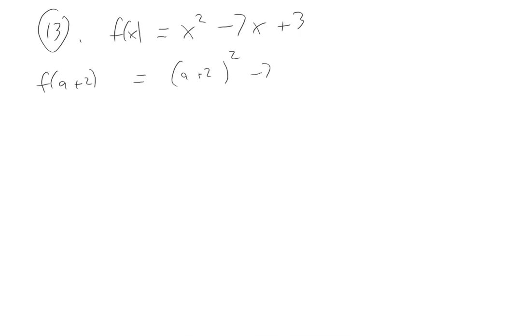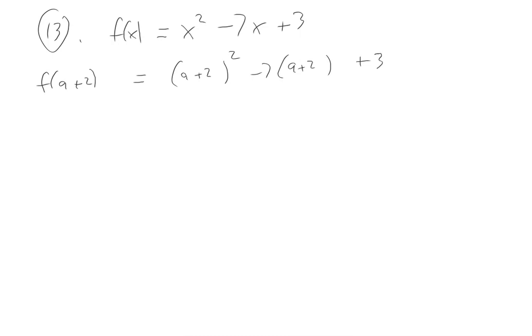So problem 13 says f of x equals x squared minus 7x plus 3. What is f of a plus 2? So you replace the x with an a plus 2 and replace the next x with an a plus 2, and then you do that.